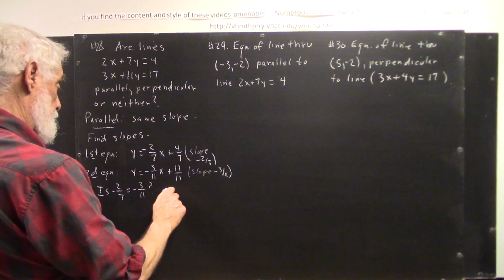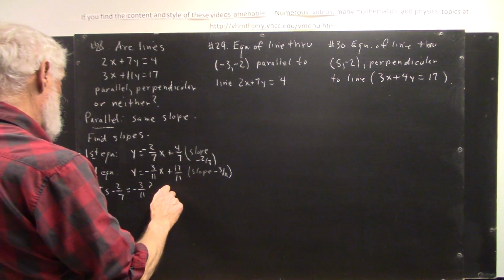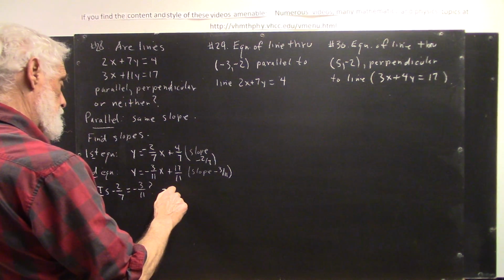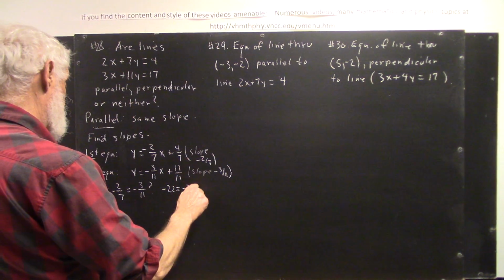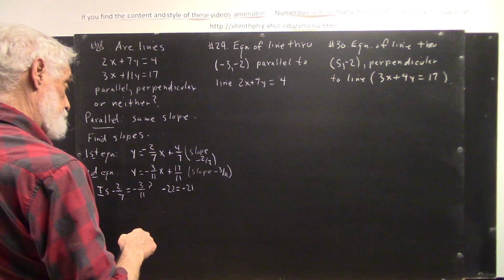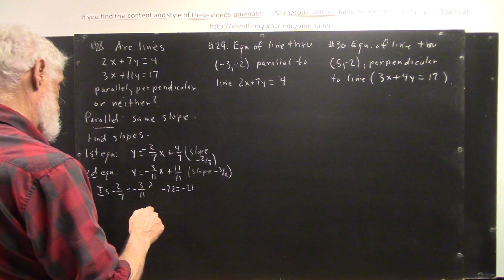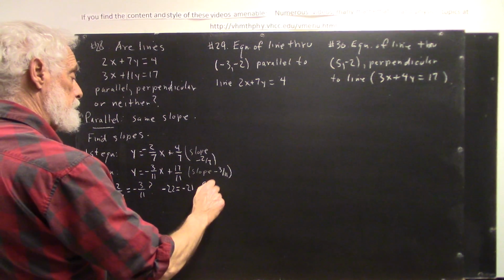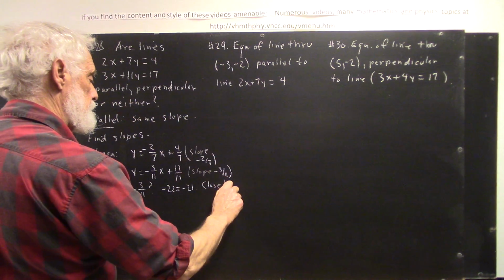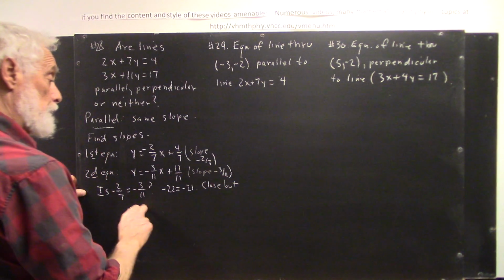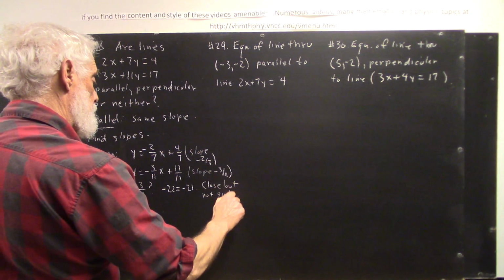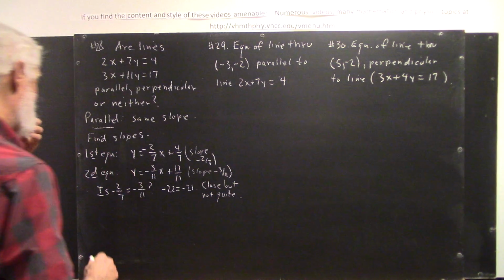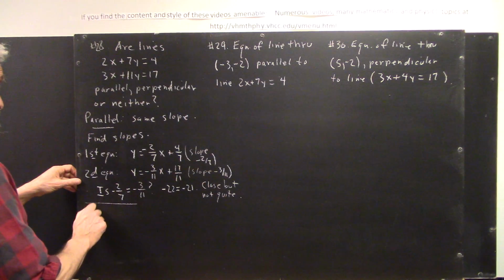Either way you look at it, though, this equation rearranges to negative 22 equals negative 21. So these slopes are close, but not quite.